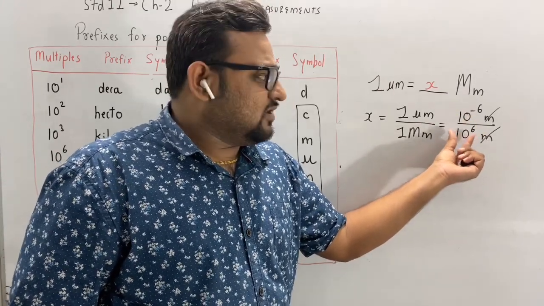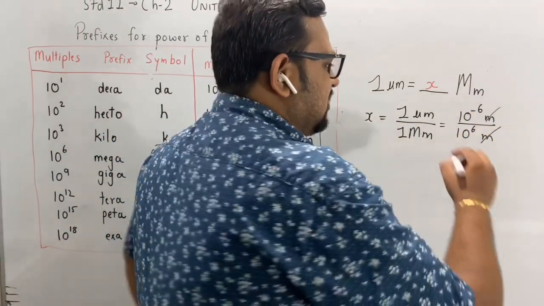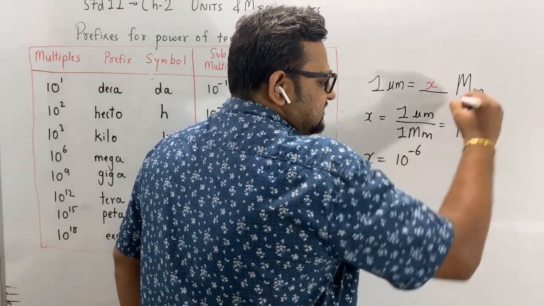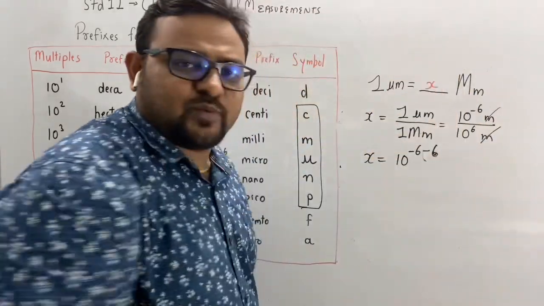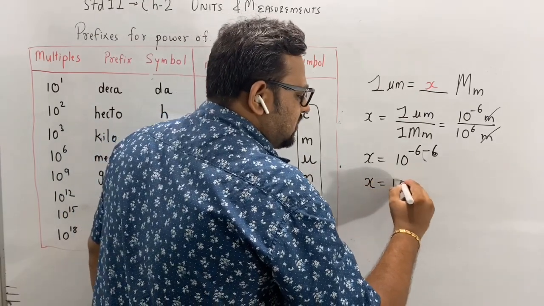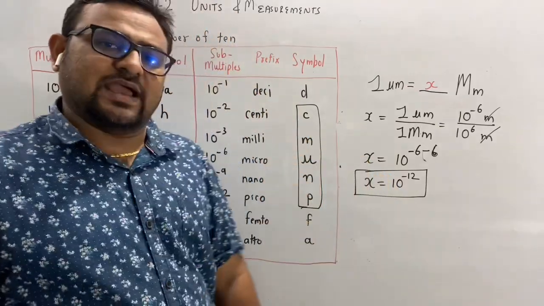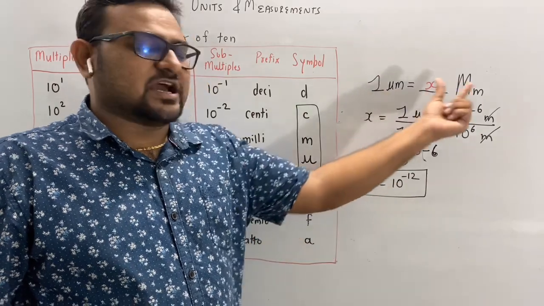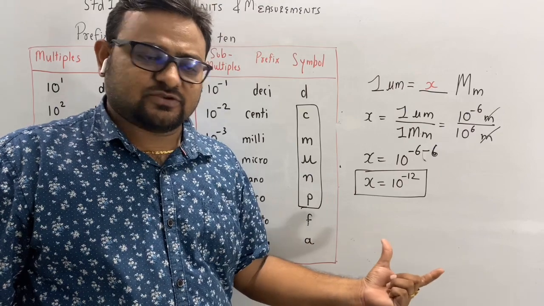Its sign will change. It is positive, so it will be negative. So this will be equal to 10 raised to minus 6 into 10 raised to minus 6. It's plus 6, when it goes to numerator, it will be minus 6. So x is equal to 10 raised to minus 12. Okay, clear? So this type of conversions can be asked. Clear? So just note down this.